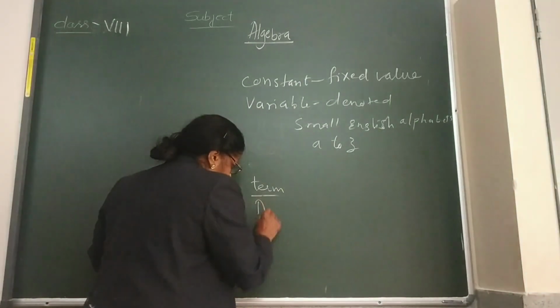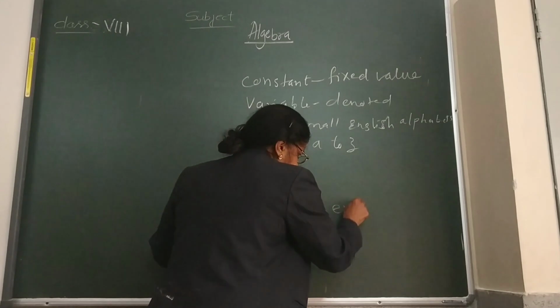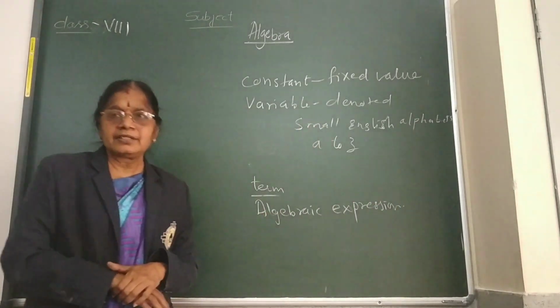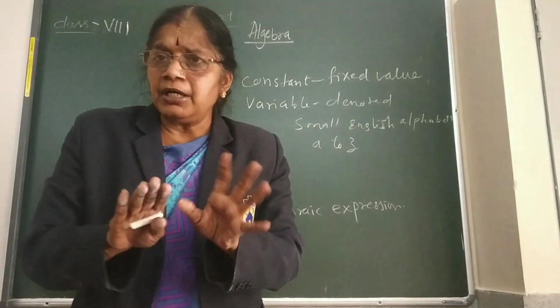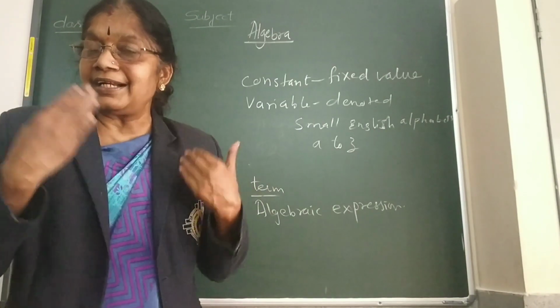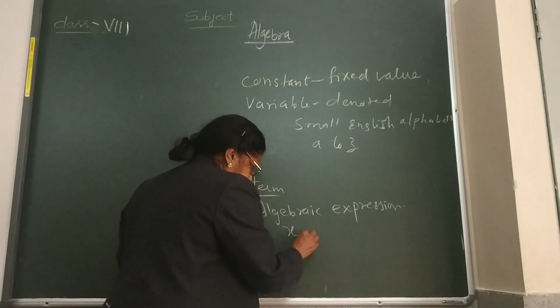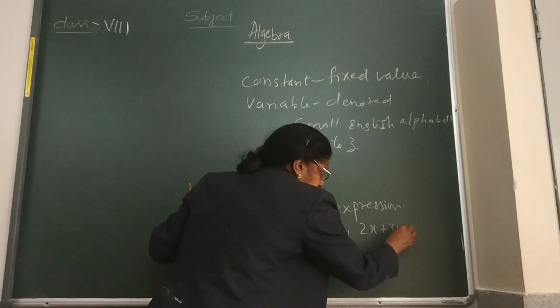After term, we will go to the next, which is called algebraic expression. What is meant by algebraic expression? It is where constant and variable are taken together. For example, x, then x plus 5, 2x plus 3y plus 4z.